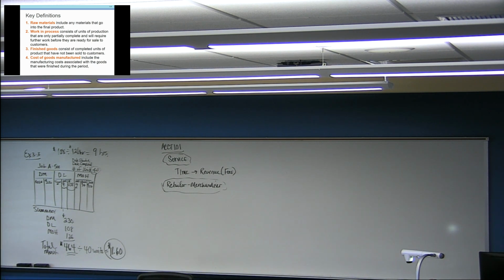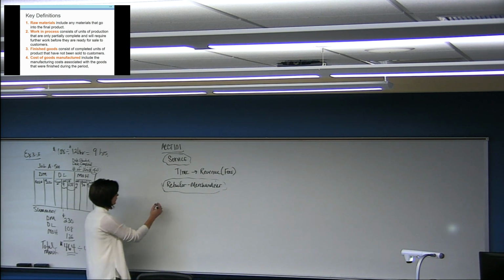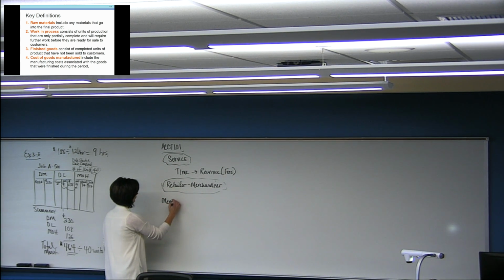When I bought something, what did I call it? You all know it, I know you do. If I purchase items to resell to my customers, what do I call that? Right, isn't that your inventory?